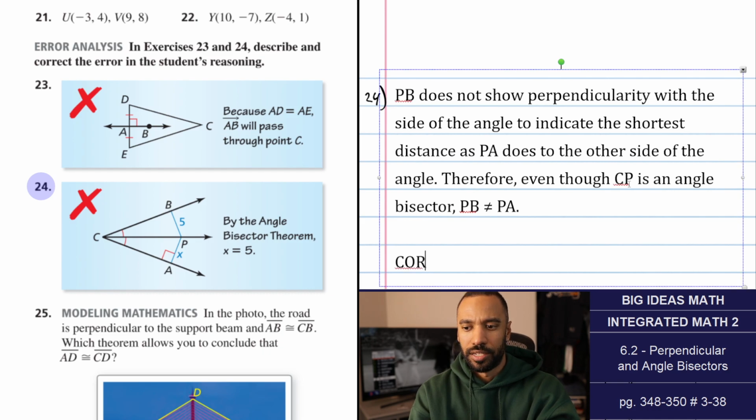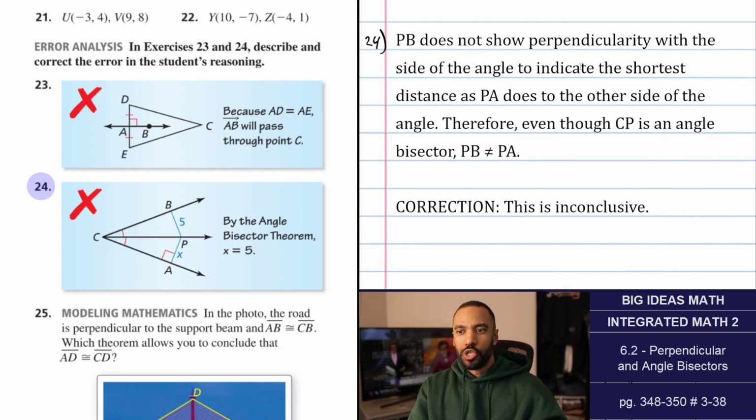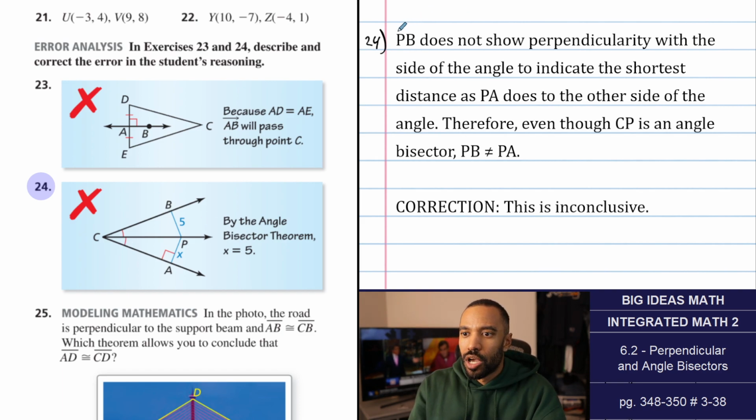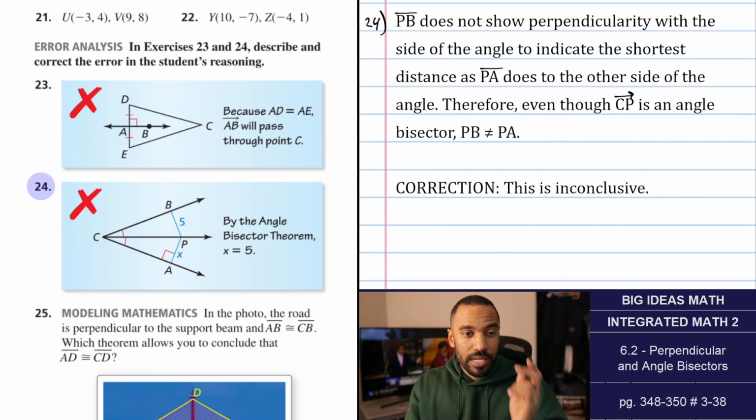And in correction, this is inconclusive. There's not enough information there. You would need the other perpendicular symbol. And indeed, you would need the perpendicular symbol for both. I think we brought that up before. So I'm going to put a thing there, and a thing there, and a thing there. These are about length, so I don't need them there. All right, that's number 24.